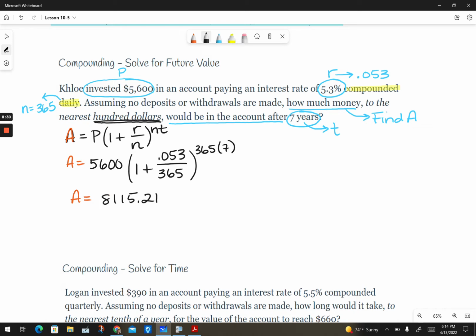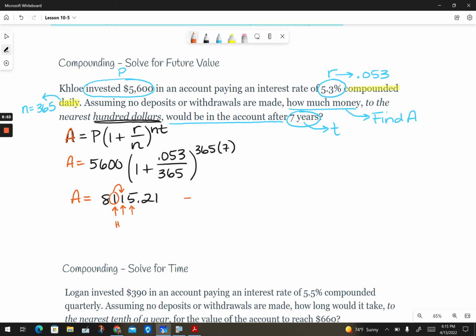Well, this is my ones place, this is my tens place, and this is my hundreds place. Therefore, I'm looking at the 1, and I need to check and see, does the 1 need to stay a 1 or become a 2? It's going to stay a 1, because to the right of it is a number less than 1.